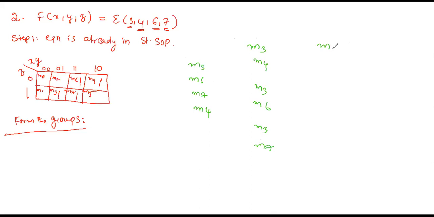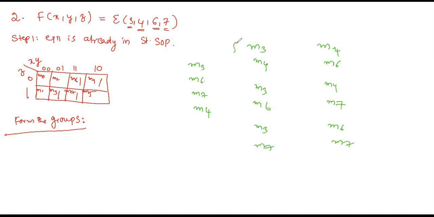Next, with respect to M4: M4, M6, one combination. M4, M7, one combination. Next, with respect to M6: M6, M7, one combination. These are the possible combinations you will get.